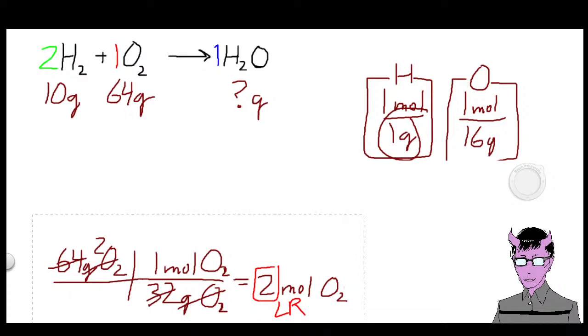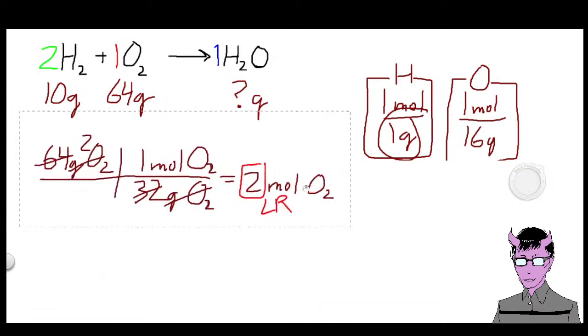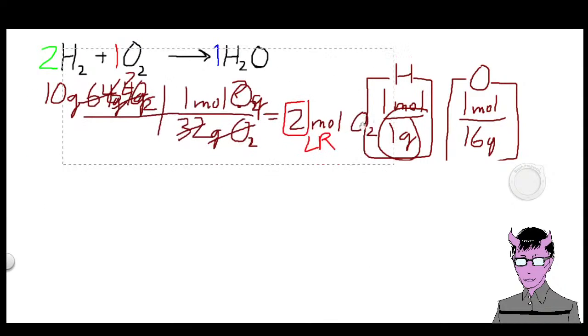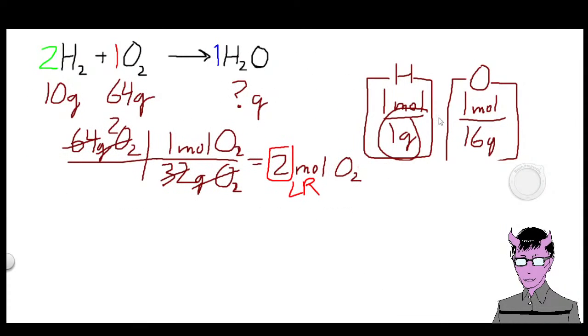We will base our entire answer of production off of our limiting reactant, which is right here. So continuing the good work, moving on. Now we know we aren't working with the hydrogens, we're working with the oxygens. So 2 moles of oxygen, limiting reactant.